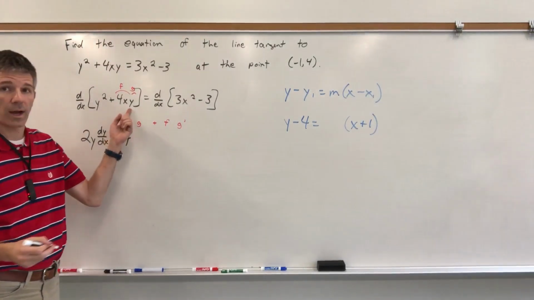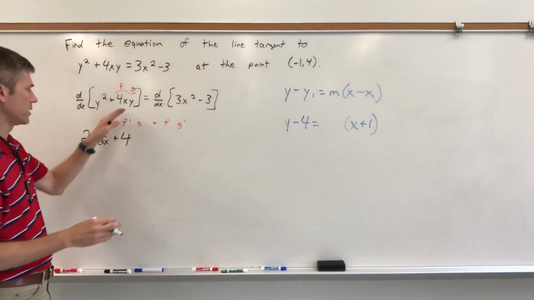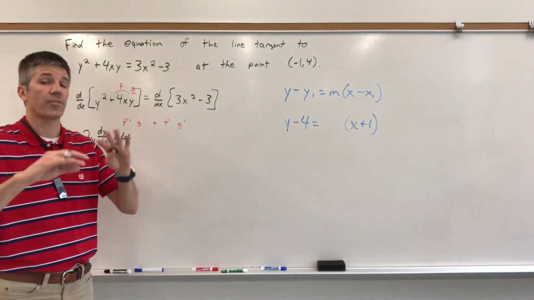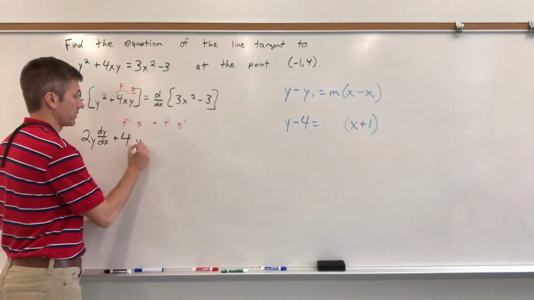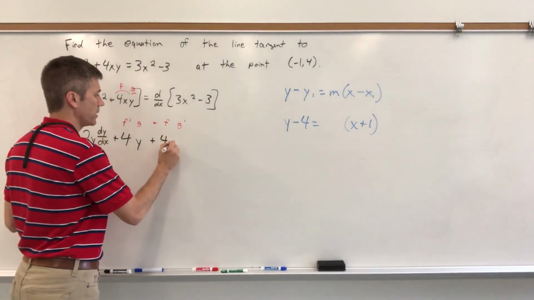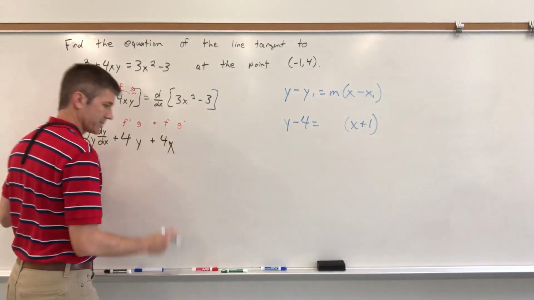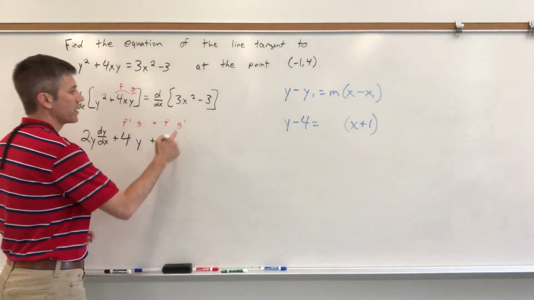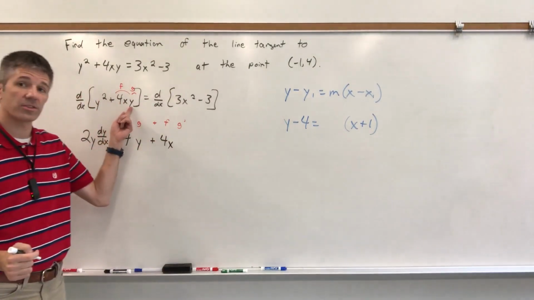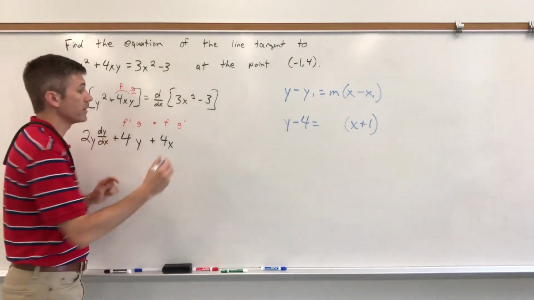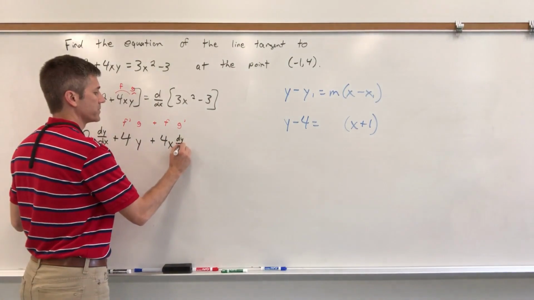Well, g is just y. Now don't be like, oh, but it's y, but there's an x. No, no. g, just g, not the derivative of g. Plus f, 4x. Now we're going to take g prime, the derivative of y with respect to x, and the derivative of y is 1 dy/dx.